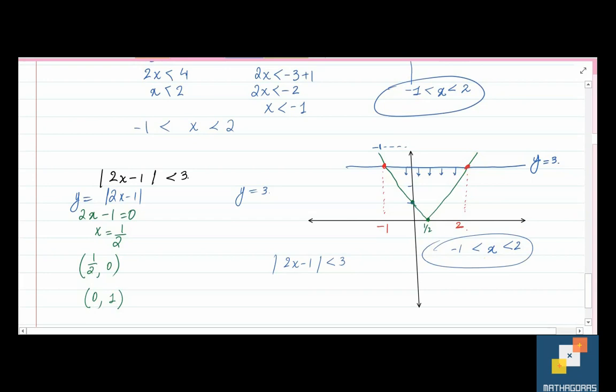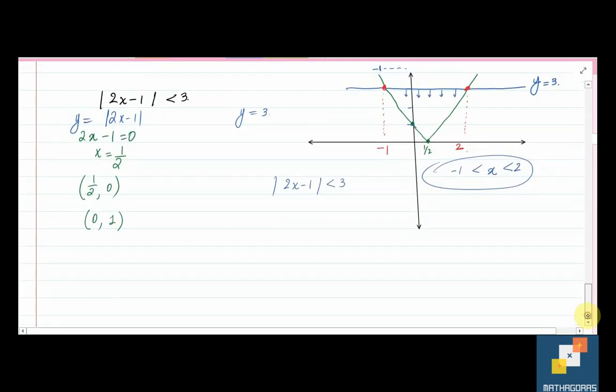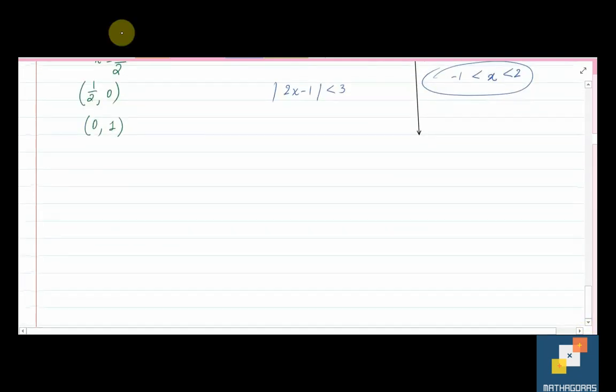So this exercise 5.2 is similar to 5.1. What is the main difference? In 5.1 we dealt with the sign of equals to. In 5.2 we need to deal with the sign of greater than or less than, right?